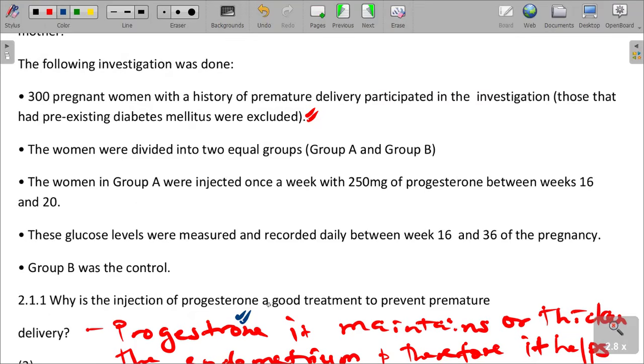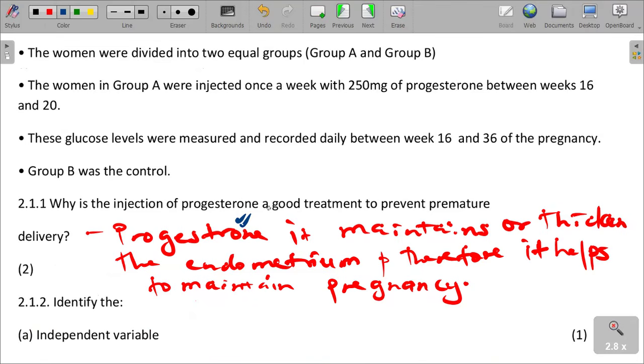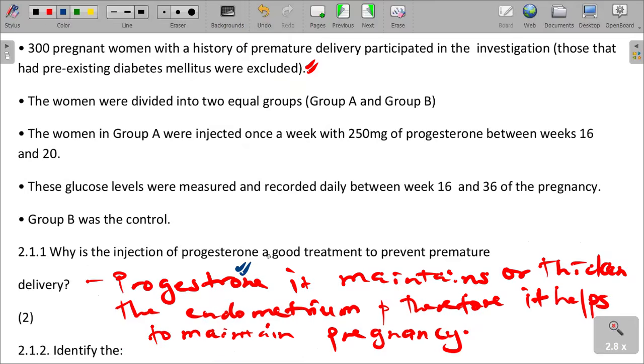So the independent variable is progesterone treatment. Progesterone treatment is the independent variable.